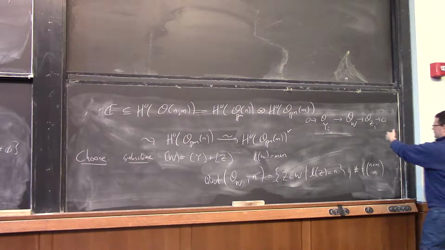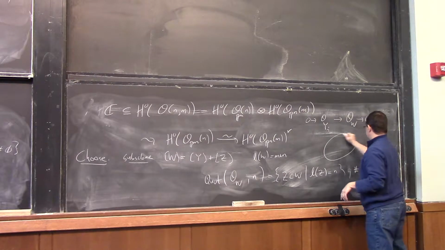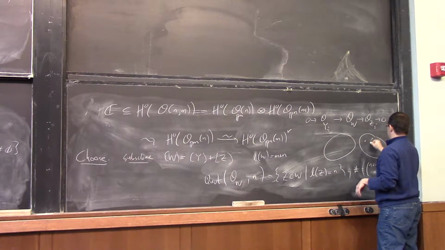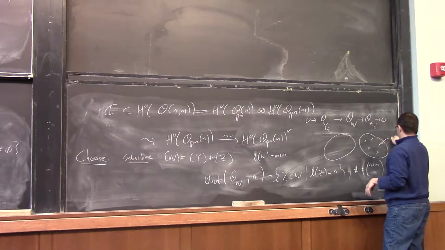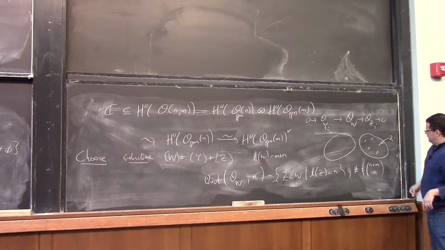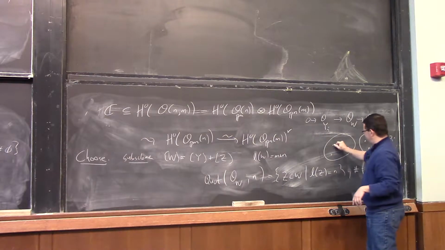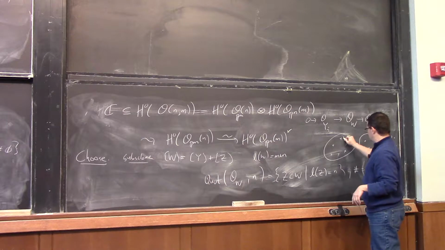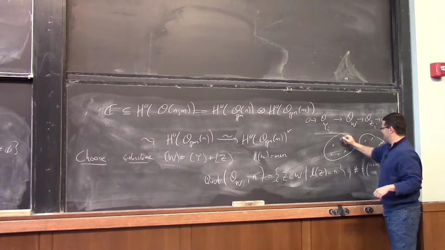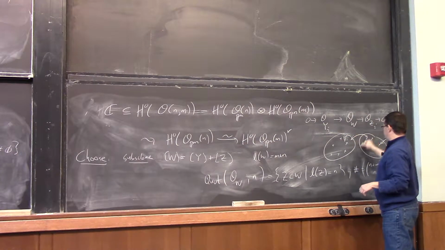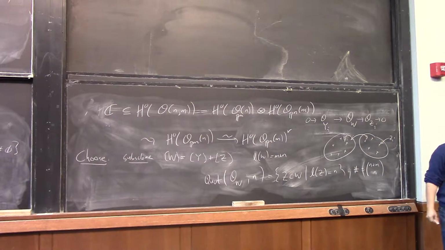Right? And so for every choice, what is this doing? This is giving us a set of Z_i's and then a set of W_i's. Why? If you work it out, they form a dual basis.